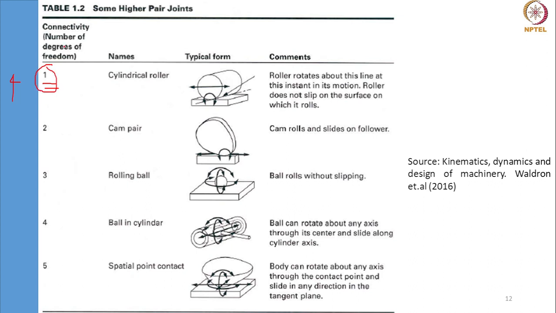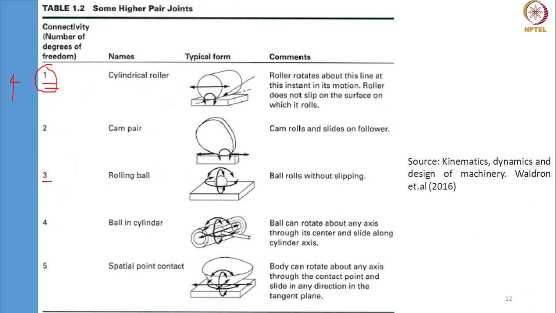So the textbook here mentions the condition where the cylinder rolls without slipping. So it rotates about its instantaneous center, that we are going to see at a later stage. This is one example of a higher pair where there is only a point contact at the surface, and also a cam pair, where a cam is rolling to and fro on a follower, and also a rolling ball or a sphere without slipping.